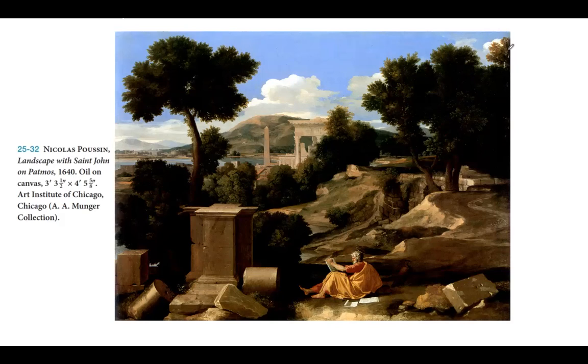So Poussin, this guy was very excited about classicism. He lived in Rome for a little while, and he loved Titian and Raphael. I think you kind of see that in here after talking about Titian and Raphael, like how accurate Raphael was, and this guy was like, yes, please, I'll do that.